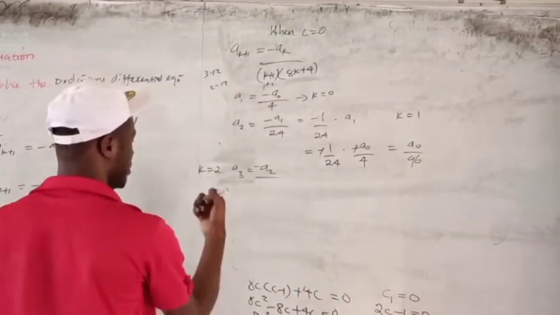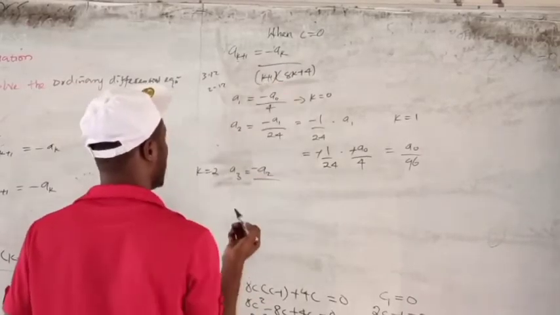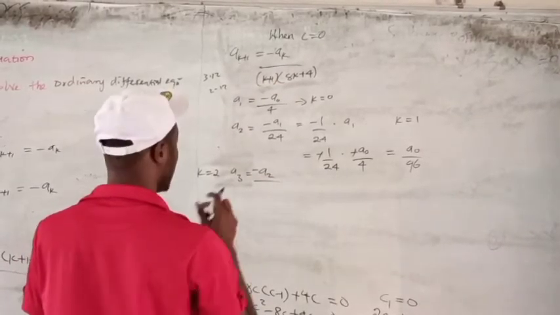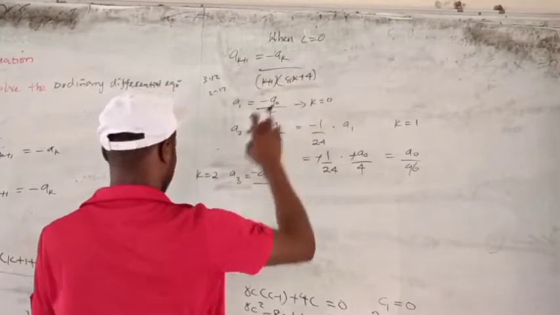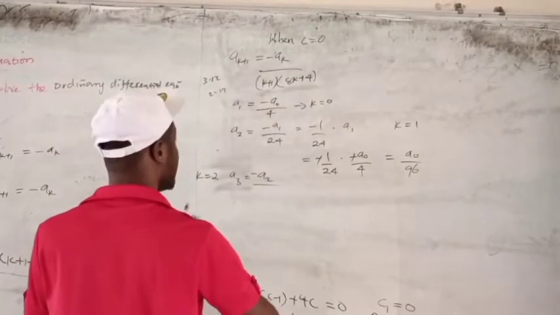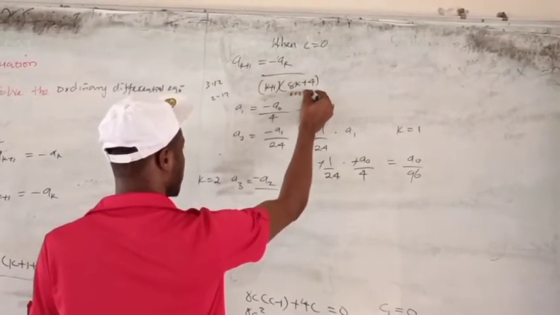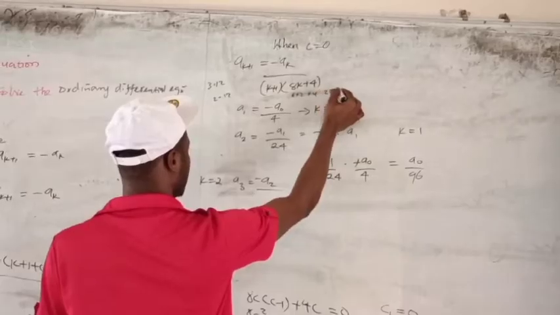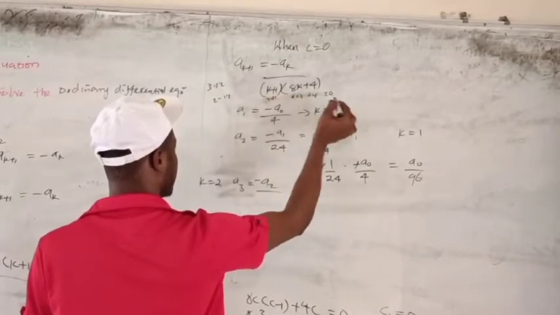Okay, then for this, when k is equal to 2, I have 2 plus 1, which is 3, times 8 times 2, that's 16. 16 plus 4, 20. So here is 8 times 2 plus 4, which is 20. Here is 2 plus 1, which is 3.